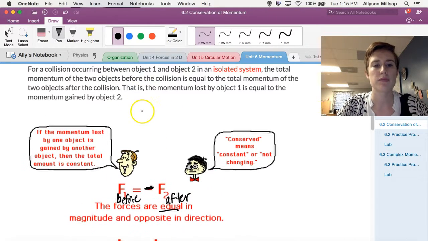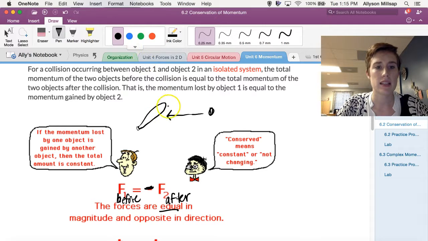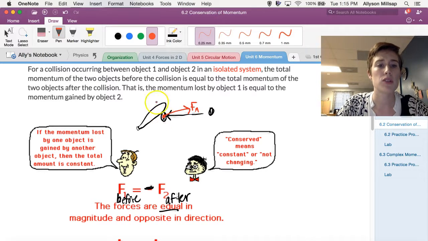Let's say I have a baseball bat, okay, and here's a baseball. And the baseball is being thrown, and the baseball bat hits it. So once the ball gets right here, it's actually touching the baseball bat. The baseball bat pushes on the ball, and it makes a force applied forward. The ball pushes back on the bat with the same exact force, equal forces here, okay?